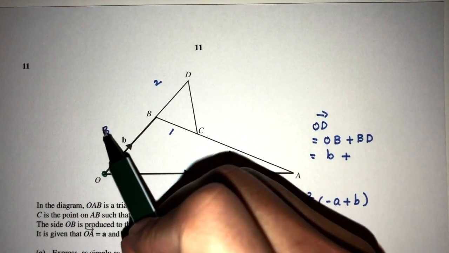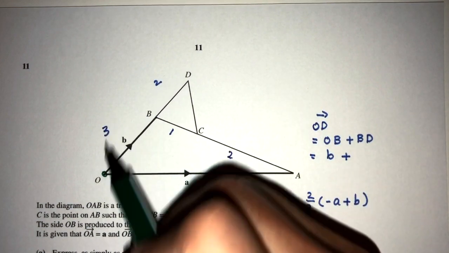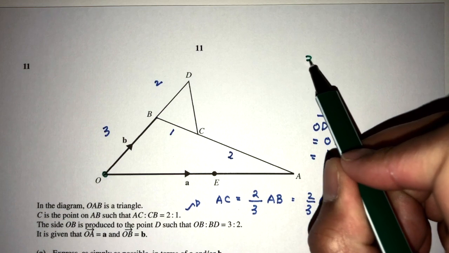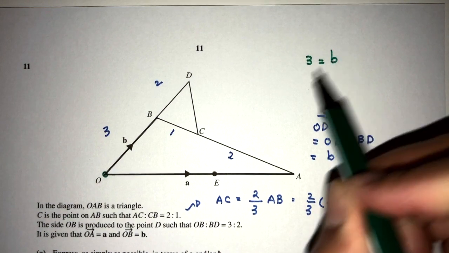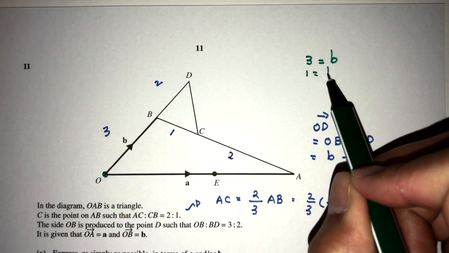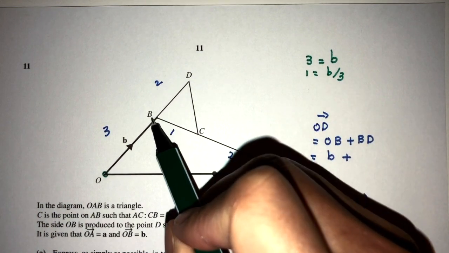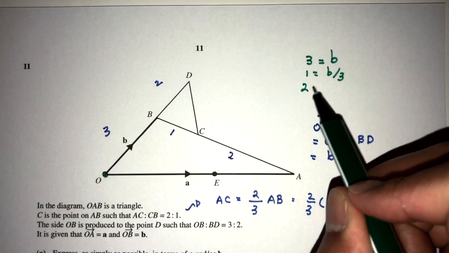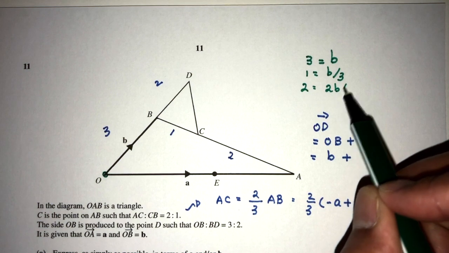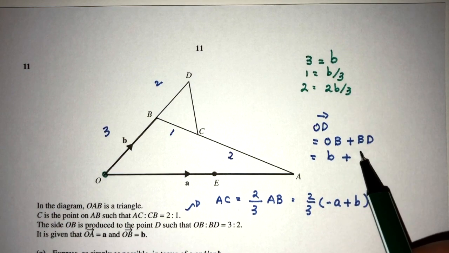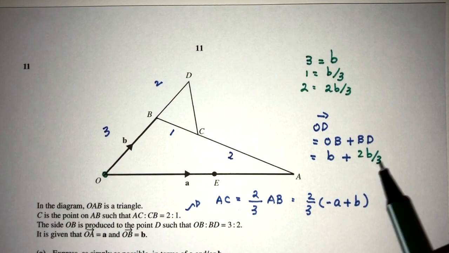The ratio is 3 to 2, and OB is 3, so we know 3 represents b, which means 1 will be b over 3. Now BD is 2, so 2 has to be 2b over 3. So BD has to be 2b over 3.